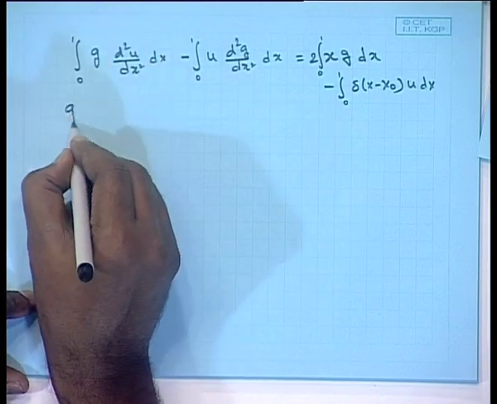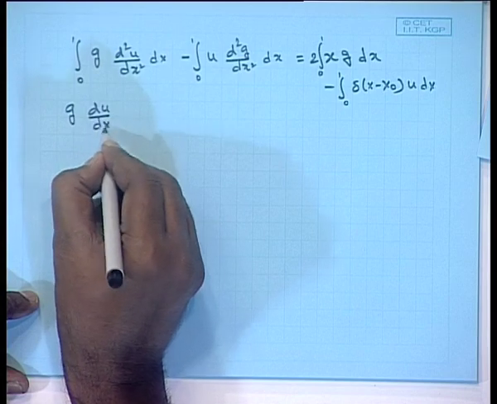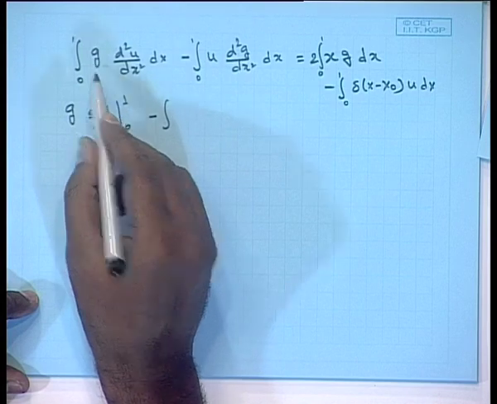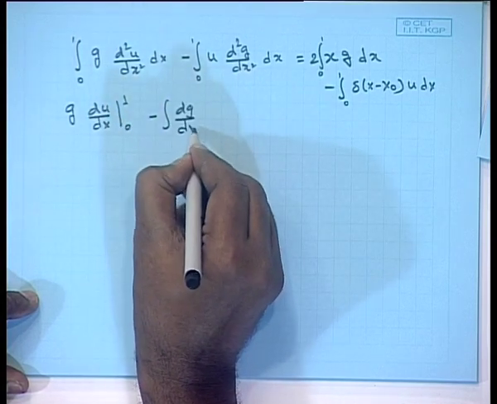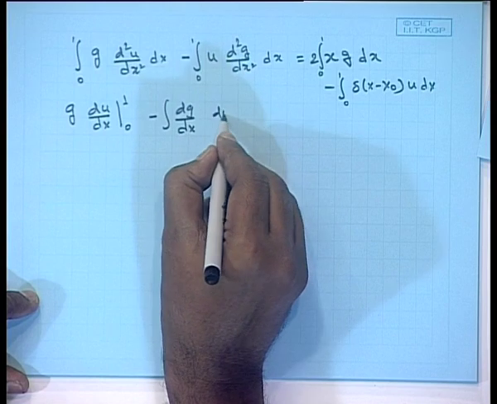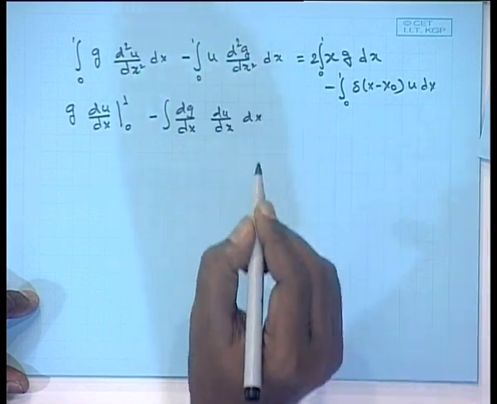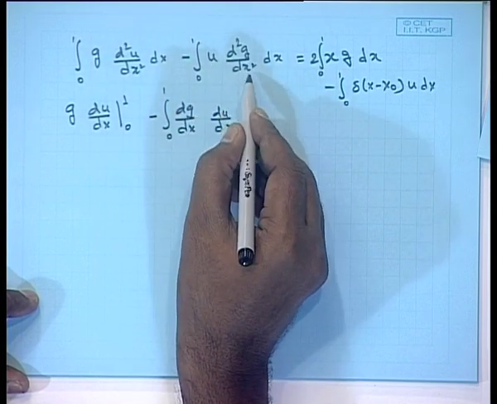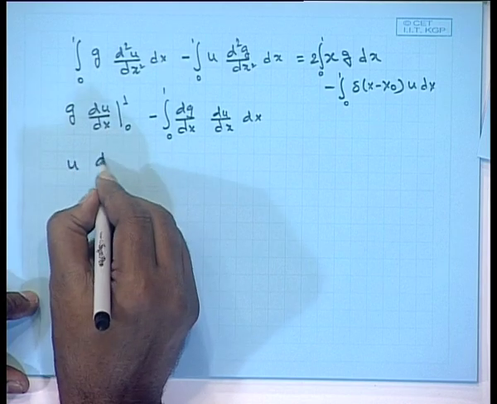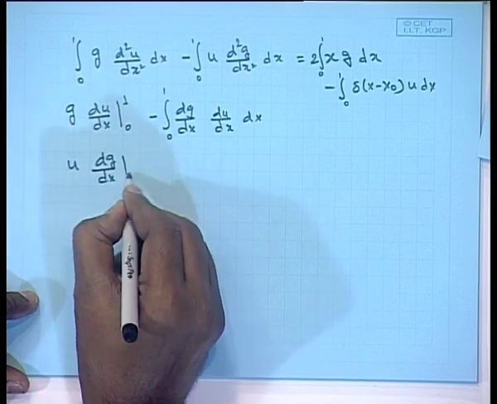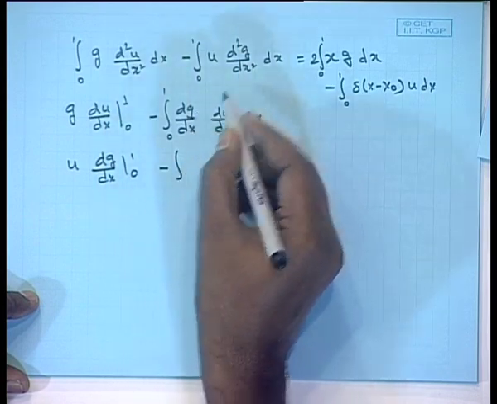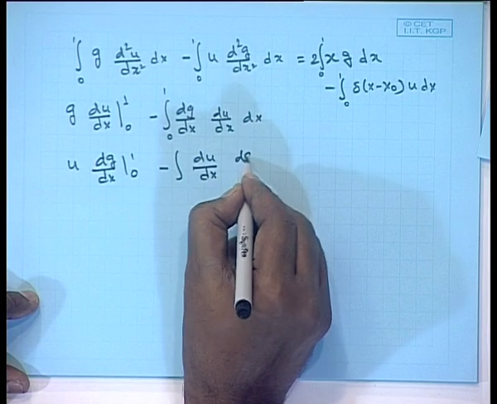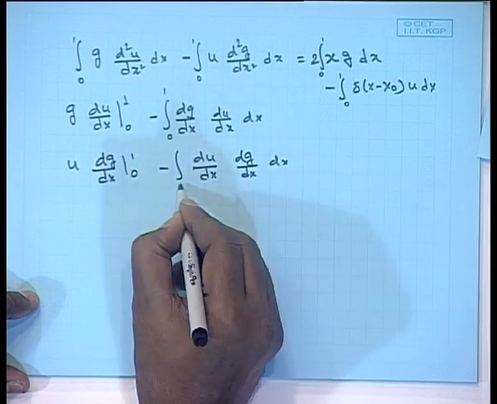Integrate by parts: first function, integration of second function, evaluated from 0 to 1, minus differential of first function, that means dg dx, integration of second function, that is du dx, from 0 to 1. This one, u is the first function, d square g dx square is the second function: u dg dx from 0 to 1 minus differential of the first one, du dx, integration of the second one, that is dg dx, from 0 to 1.